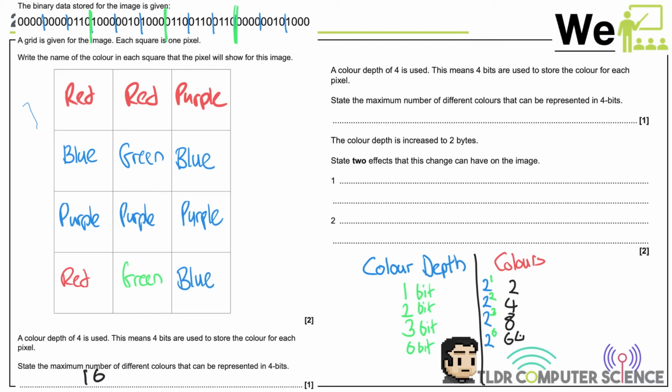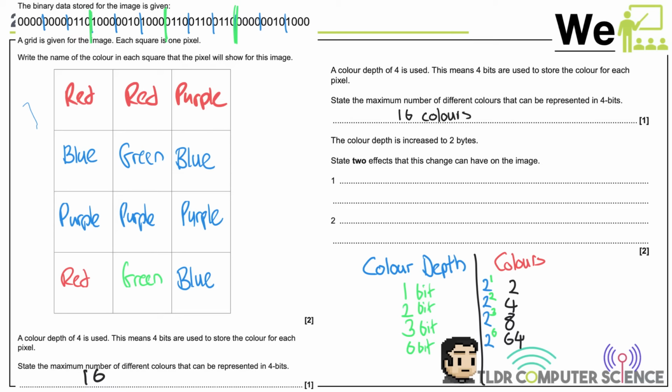In this question, it's simply asking you if you had a color depth of 4, aka 4 bits. If we're using 4 bits for each color, well, if 3 bits was 8 colors, then 4 bits would be 2 to the power 4, which would be, that's right, 16 colors.